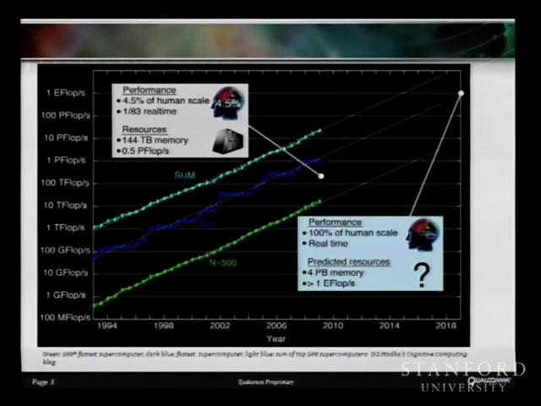People have made some fudge factor analysis of how much processing power a human brain has, if that can be quantified, and they've come up with some large numbers. It's probably off by a few orders of magnitude, but at some point in the future, people say that computers are going to be as powerful as human brains. They say suddenly machines are going to be all intelligent and take over the world. But we still don't understand how even a small network of neurons works. So doing that is not the right thing to do.